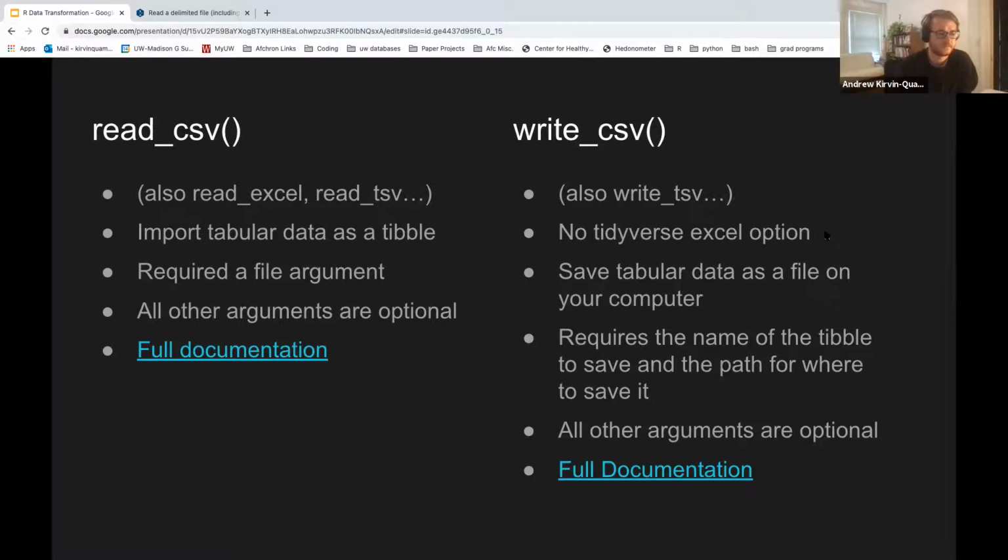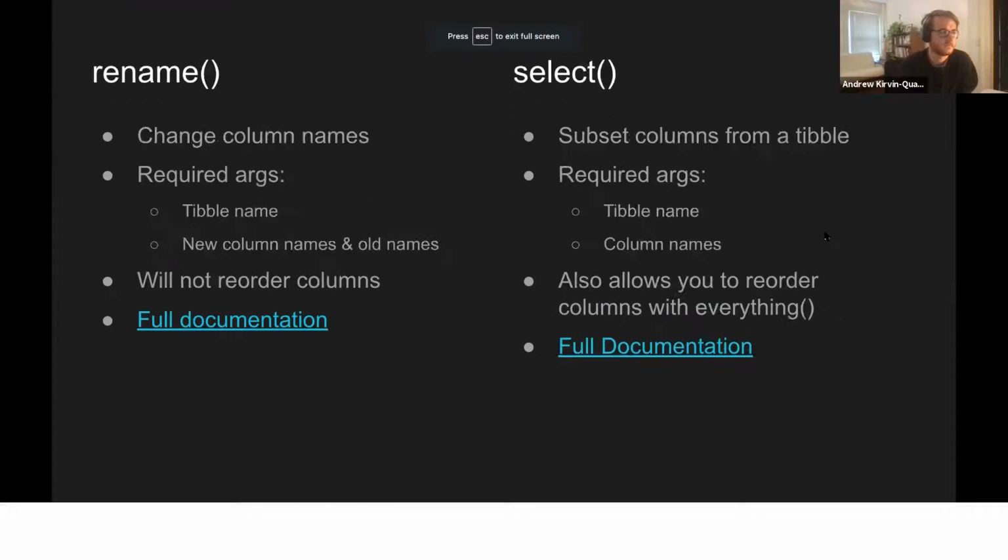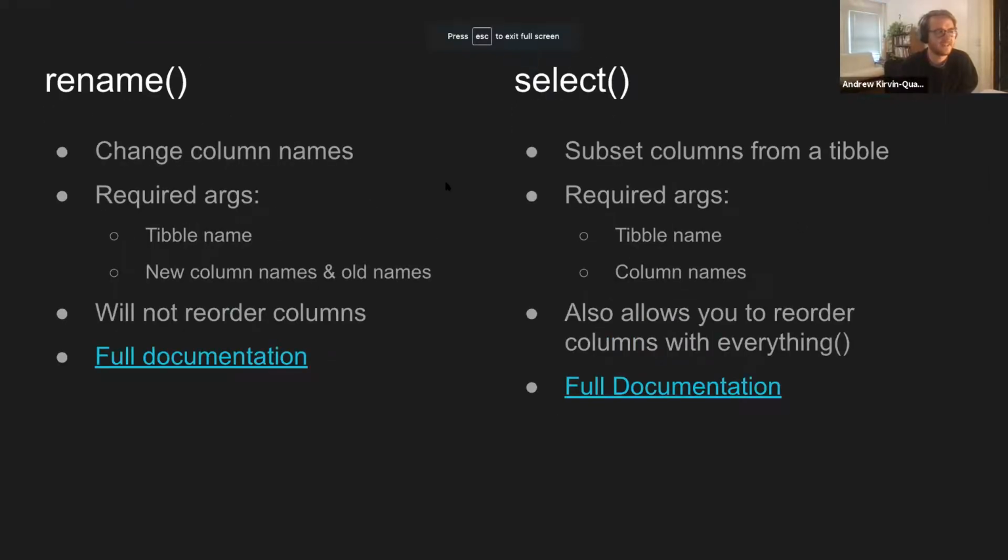The other ones that we saw in action were rename, which changes column names and only has 2 required arguments, and then select, which also has 2 required arguments, and chooses subsets of columns from a tibble.